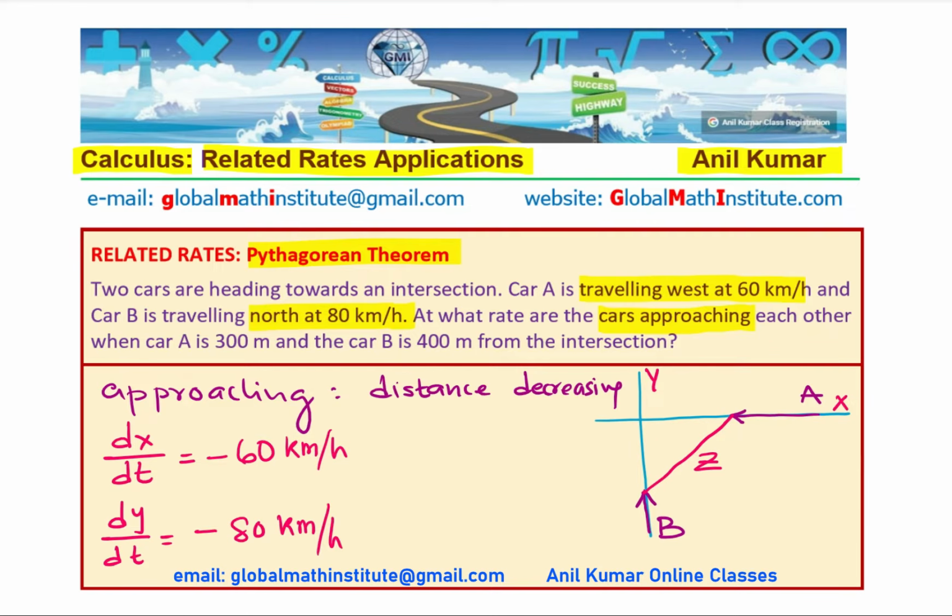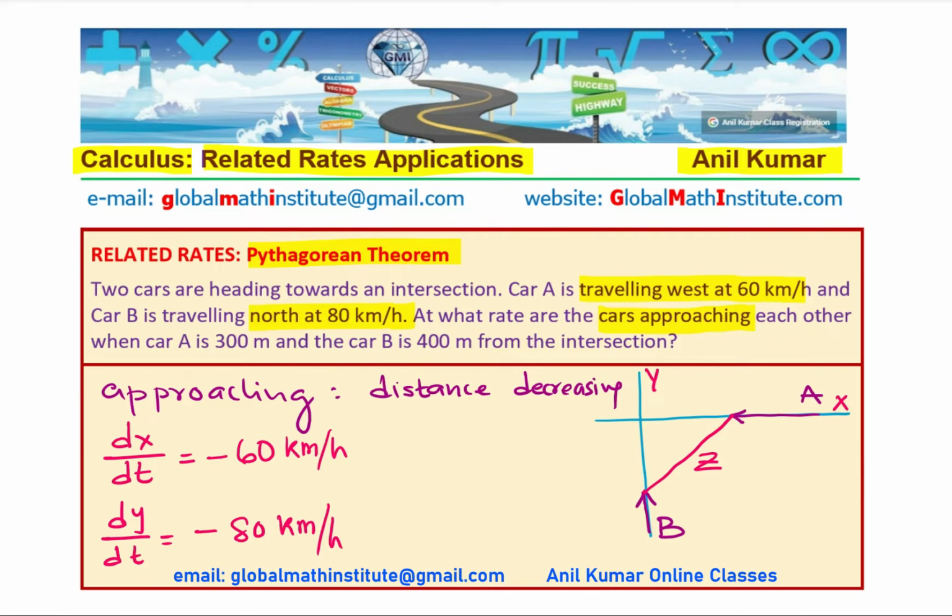Correct? So we need to find at what rate the cars are approaching each other when car A is 300 meters and car B is 400 meters. So these speeds are given in kilometers, so we can convert these units, meters, to kilometers, correct? So let me rewrite.